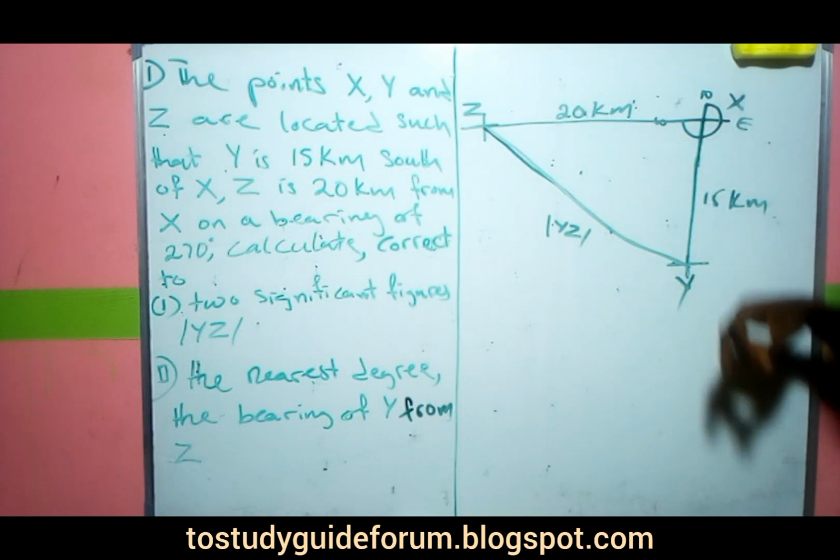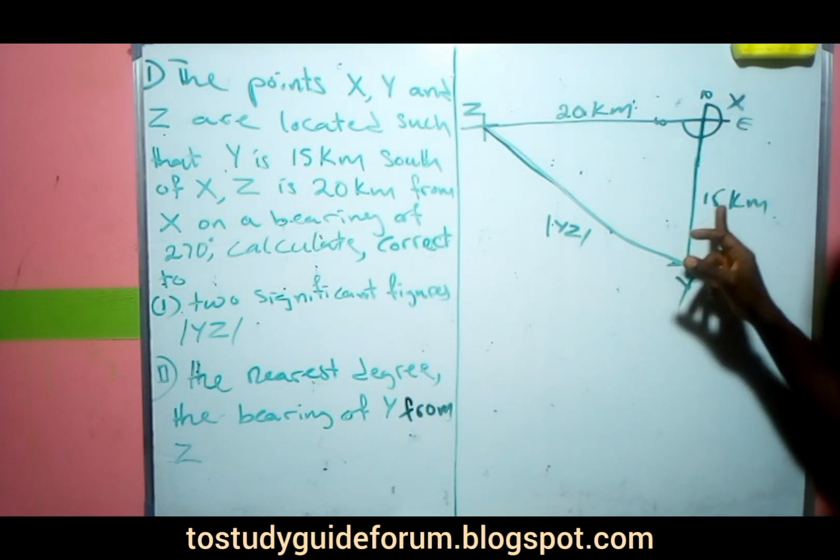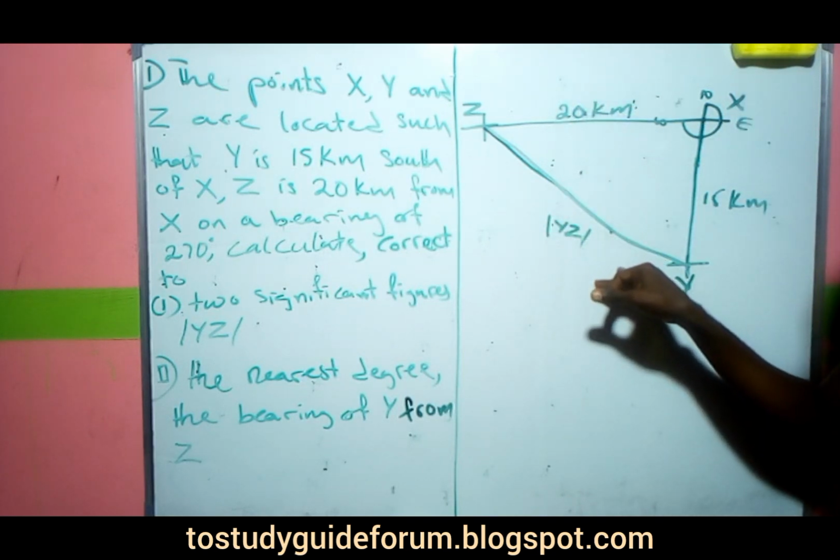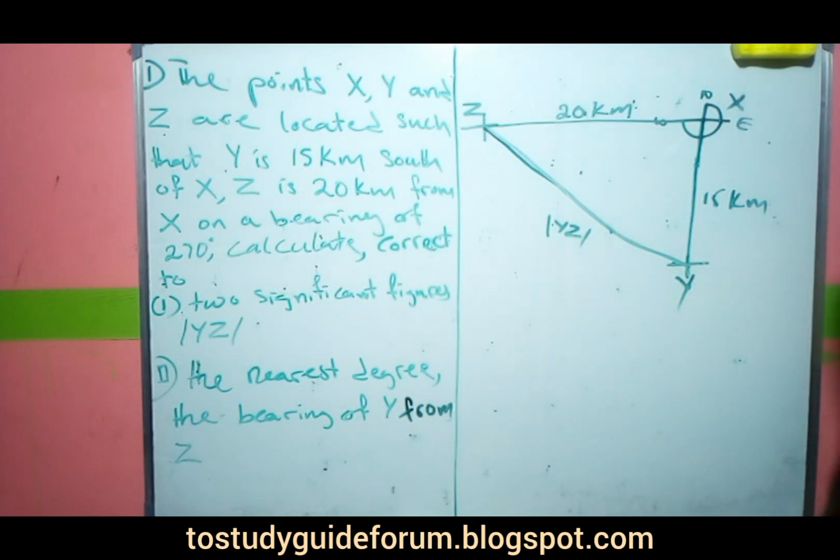Now we can also go with Pythagorean's principle, where we square this, square that to get the hypotenuse, or we can also use the cosine rule in getting it done.